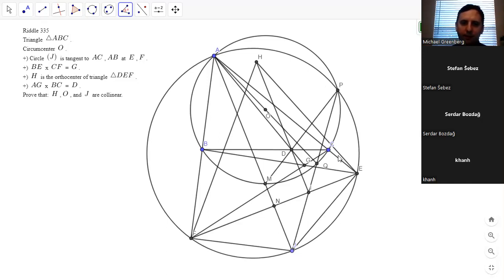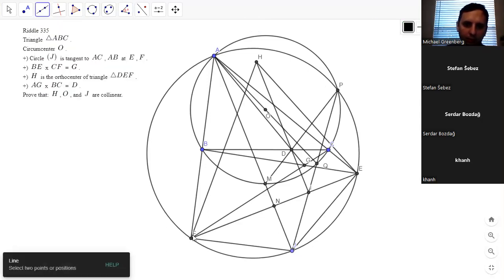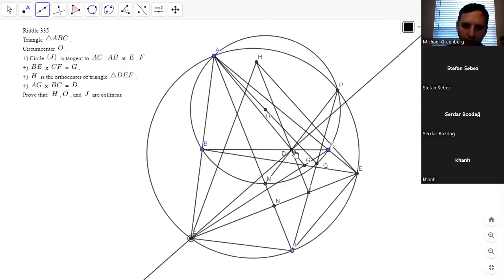But yeah, we have to use that D as the orthocenter of HEF. And if I don't draw the circumcircle, I'm not 100% sure how else to do it.